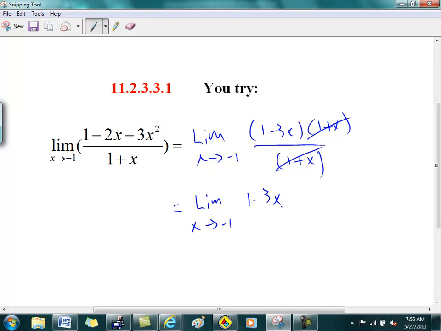Now it's safe to plug it in, and I get a 4. Notice that I continue writing the limit until I just get a number, and then I don't need the limit because the limit is a number. So please make sure you write the limit as you work this out. Don't be lazy and skip it; you will get points taken off if you do. Okay, is everybody all right?